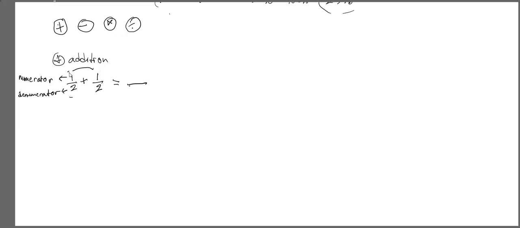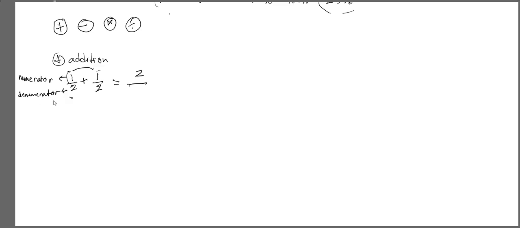In Indonesia we call the top one pembilang, and the bottom one penyebut: numerator and denominator. So in addition, we add the numerators. 1 plus 1 equals 2.